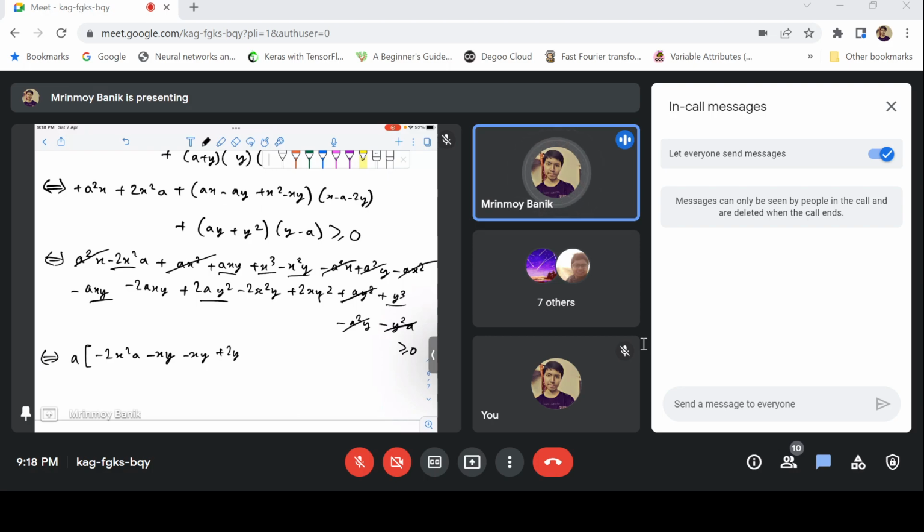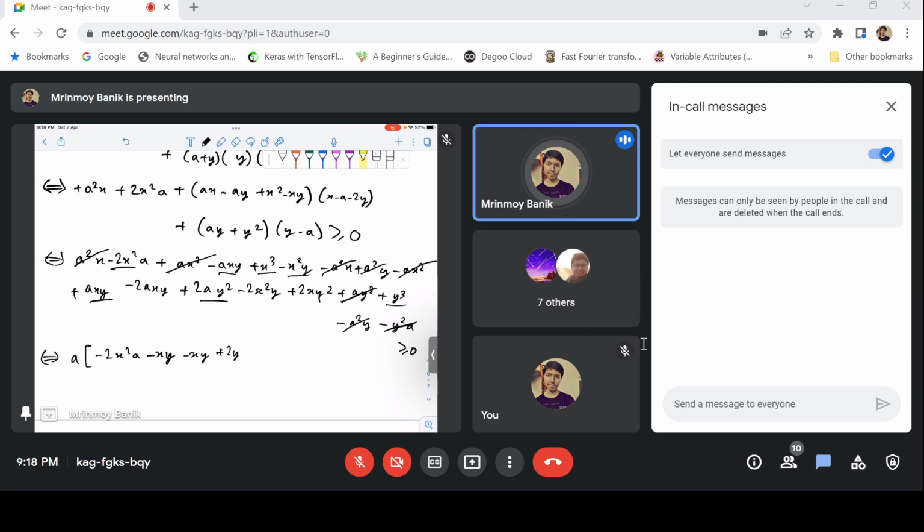This should have been plus. No, this is okay, this is minus. Then minus a, we have minus x squared plus a squared y. This is minus ax squared. Then plus, yeah, this is plus axy.